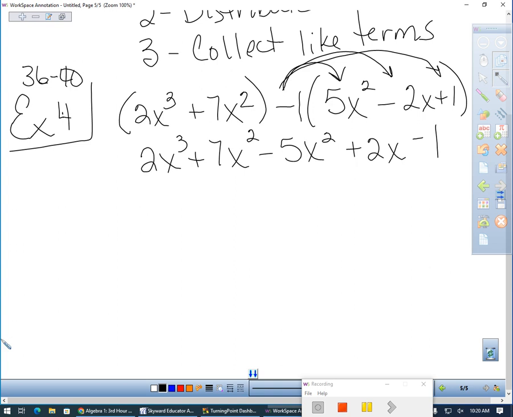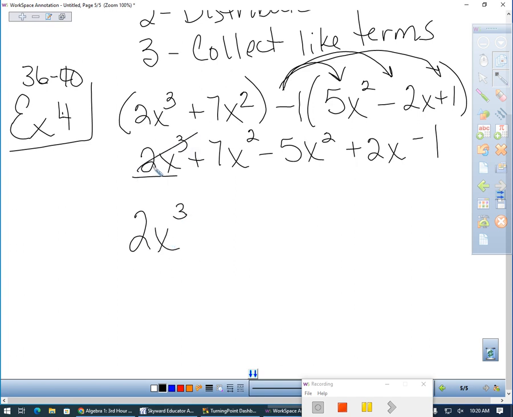7x squared minus 5. Okay, so remember we want to write it in standard form. I agree you got to collect those two together, but what should we write down first? We want to write down our highest exponent one first, right? Which is this 2x to the third. So I'm going to put 2x to the third as my first one. So now that one's done.